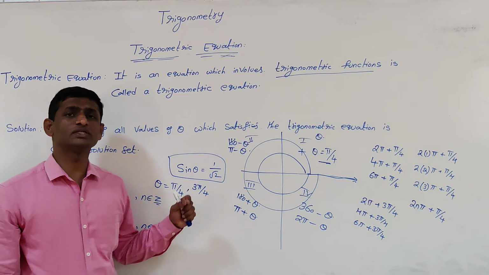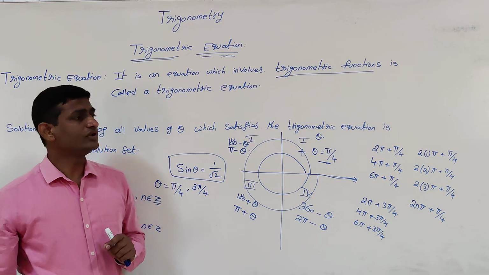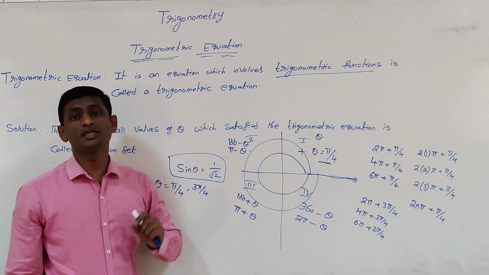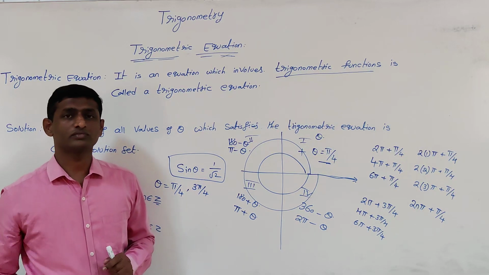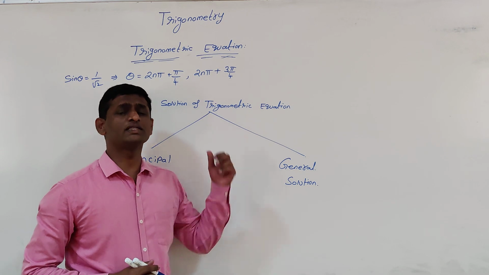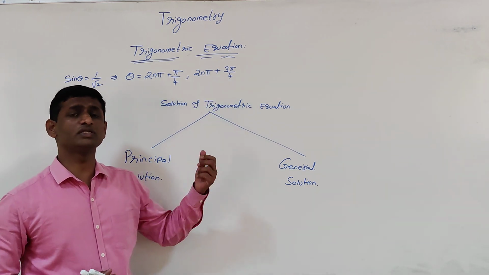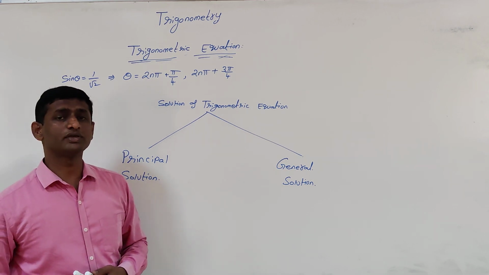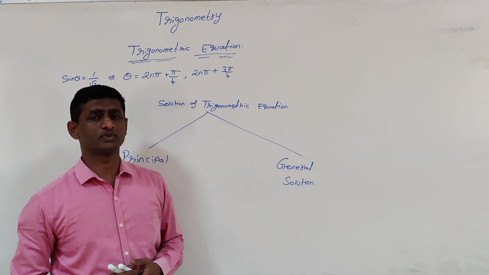So before going to the general solution, we'll see how many types of solutions a trigonometric equation has. As we have taken the equation sin theta is equal to 1 by root 2, the solution is theta equals 2n pi plus pi by 4, which lies in the first quadrant.